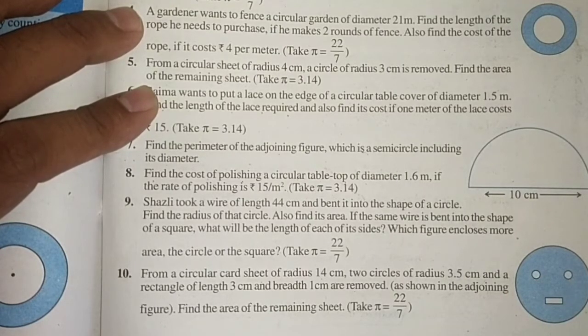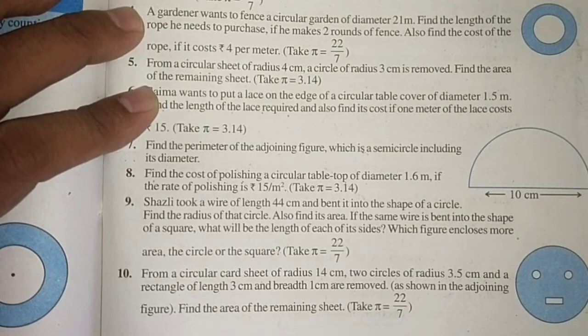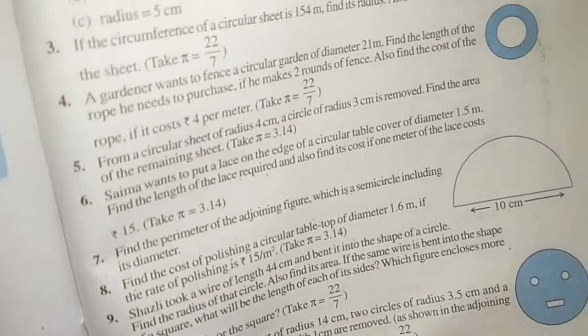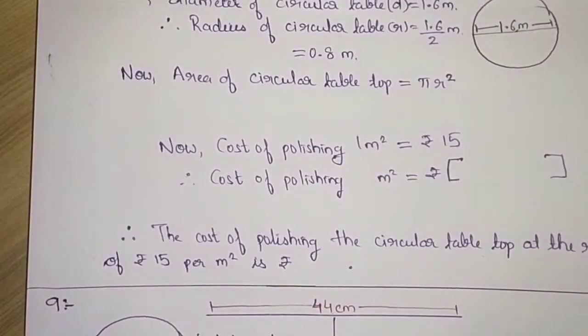What the question says, there is one circular tabletop which is in the shape of a circle. We have to find the total cost for polishing that circular table, which is of diameter 1.6 meter.